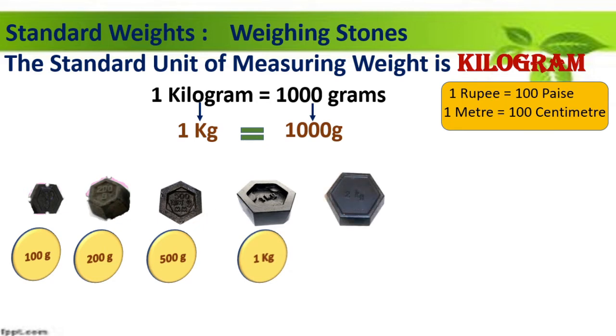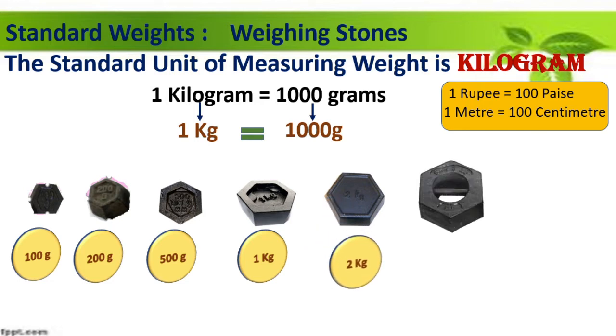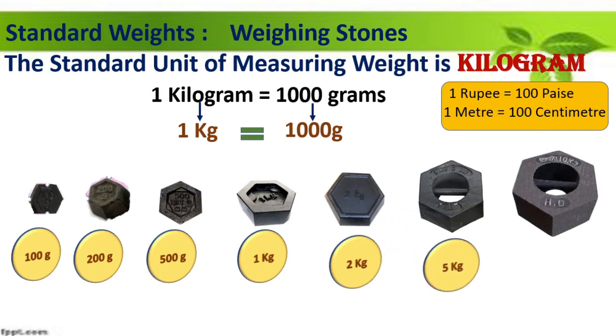Yes, this shows 2 kg weight. This is of 5 kg. Yes, this one is of 10 kg. Yes, dear children, these are nothing but standard weights, or we can say weighing stones. Okay, we use these stones to measure the given object.